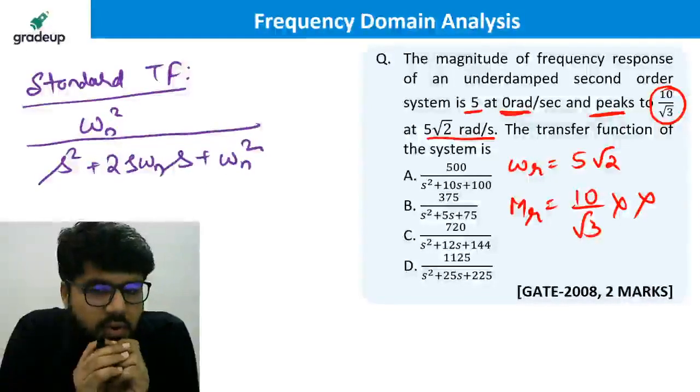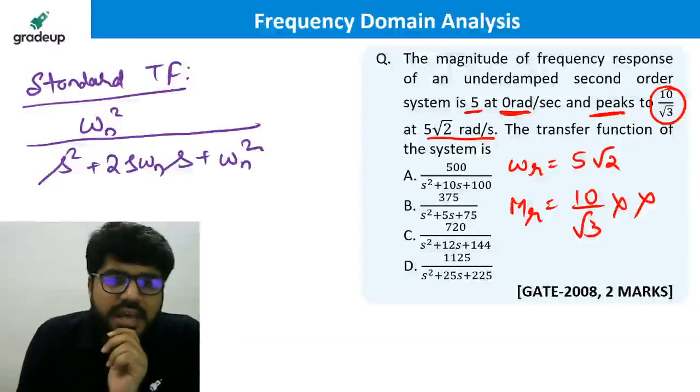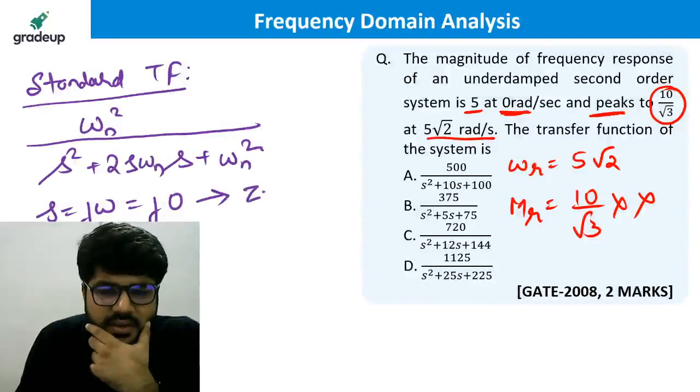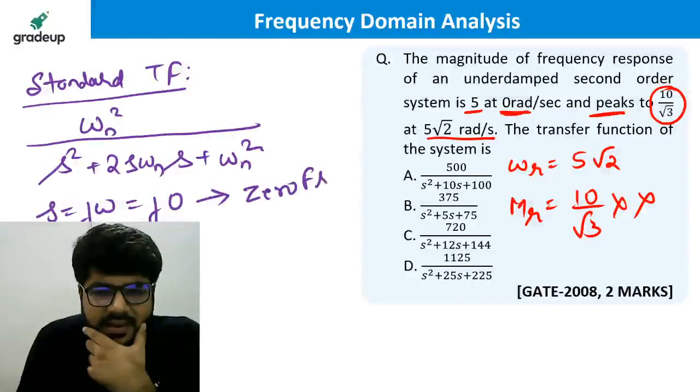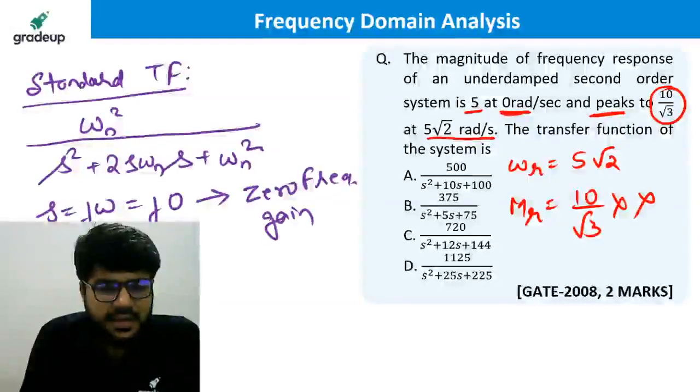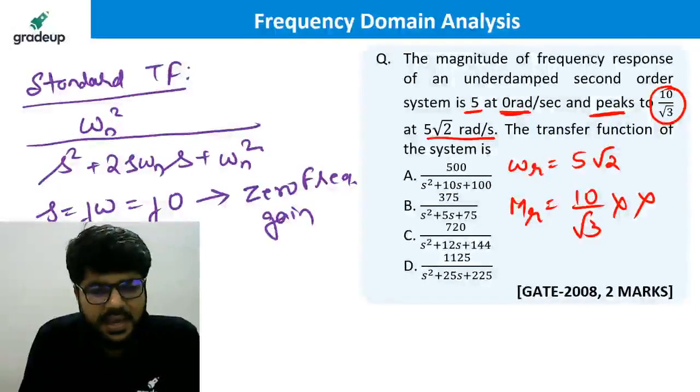Now if I put s equal to j omega, with omega zero, the zero frequency gain, put s equal to 0, you get omega n square upon omega n square, that is 1.